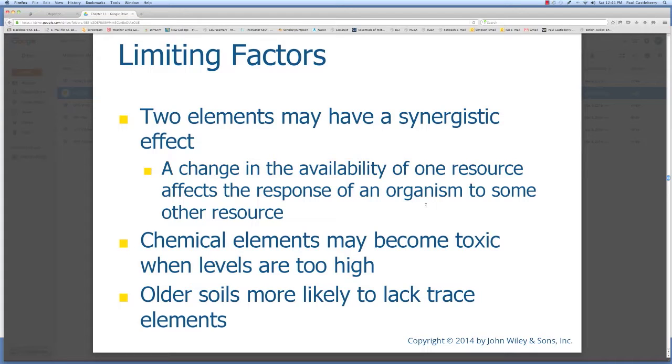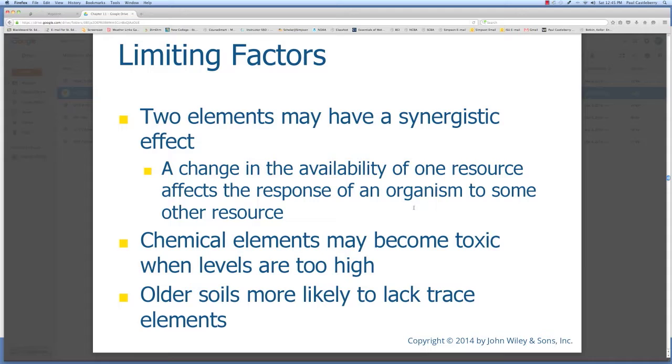If water is a limiting resource, then that could keep some of the nitrogen, phosphorus, and potassium from making it up into the root system. So one limiting resource or one excess resource could cancel out the effects of another.